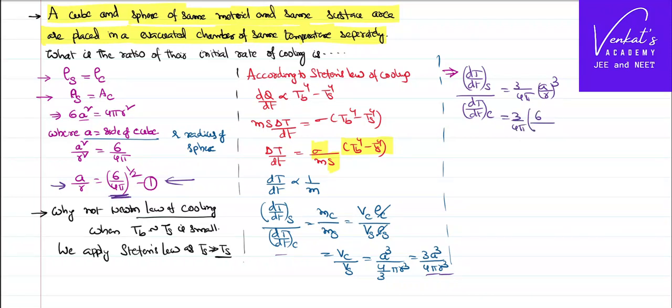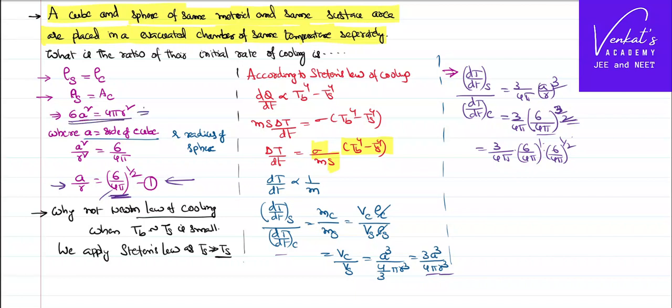In the place of a by r, I wrote 6 by 4 pi whole power of half, but here I have written it incorrectly.